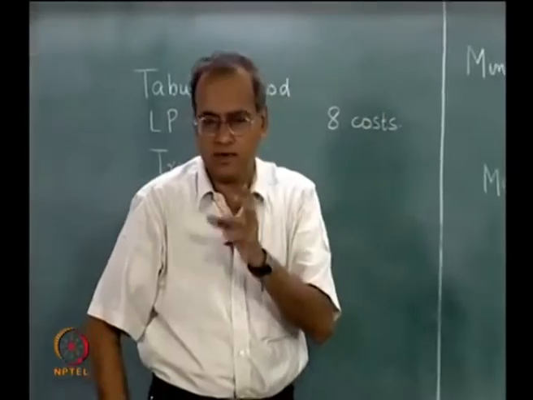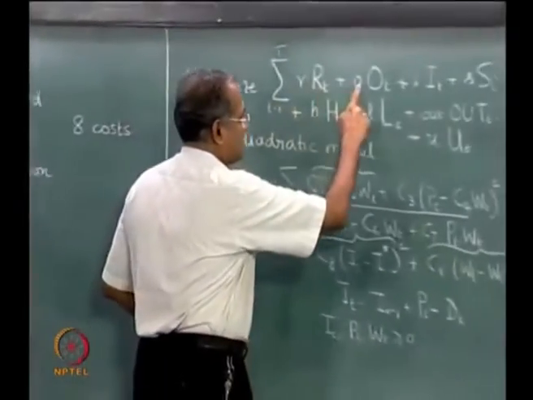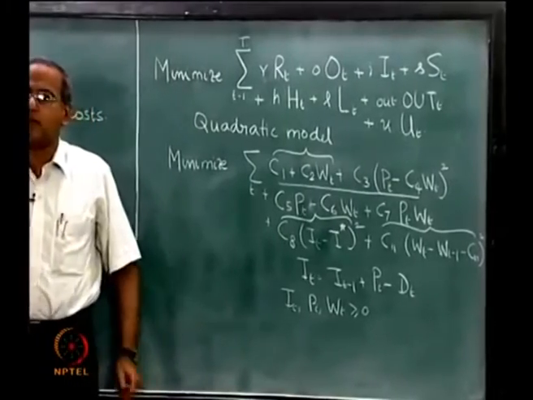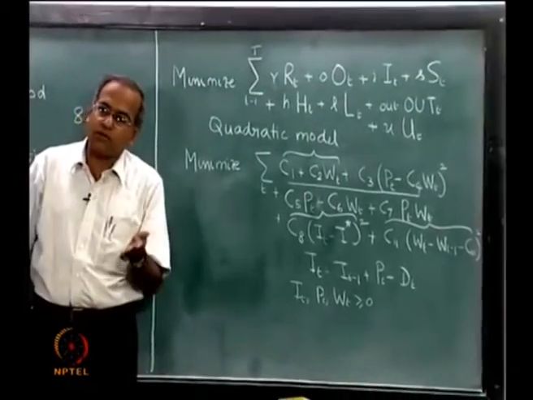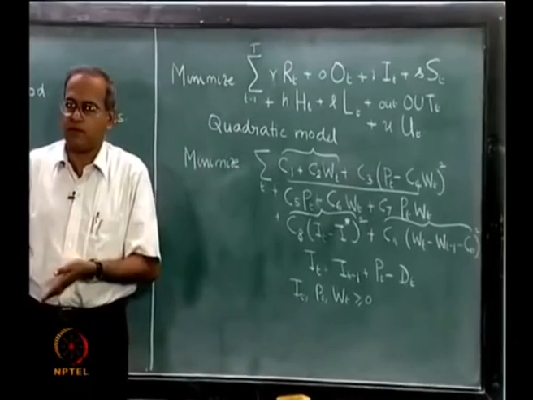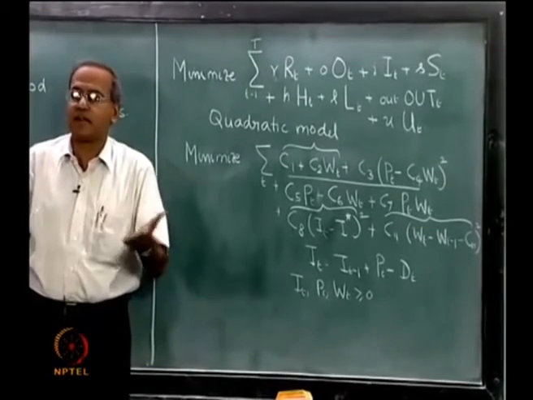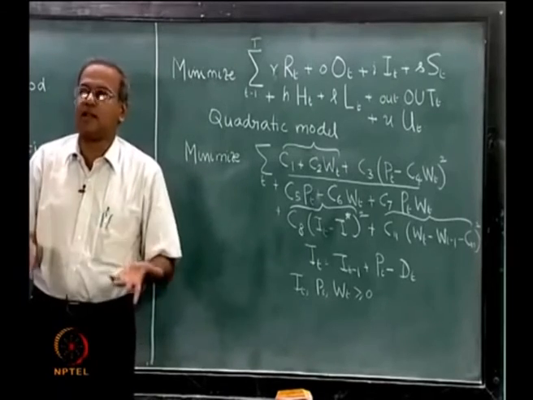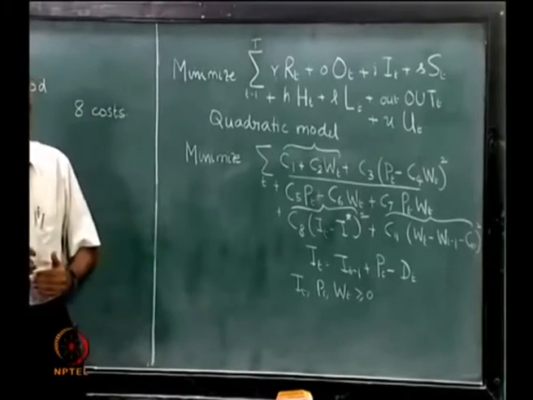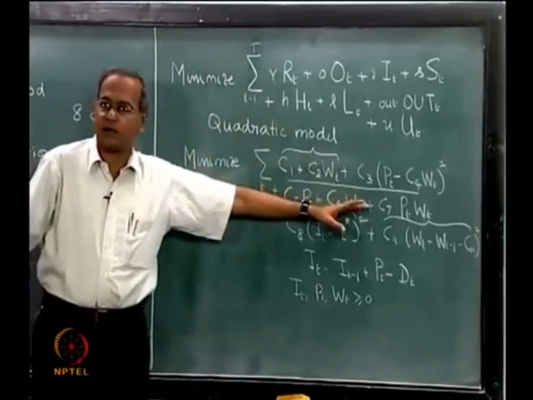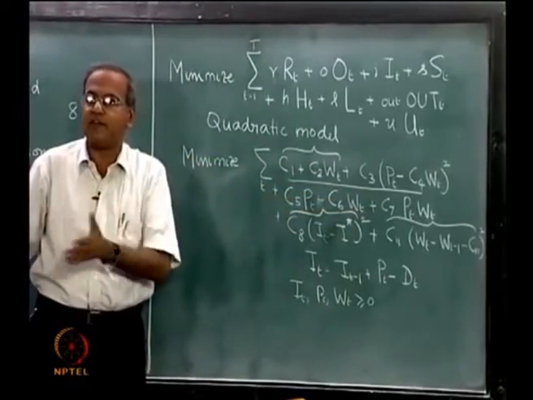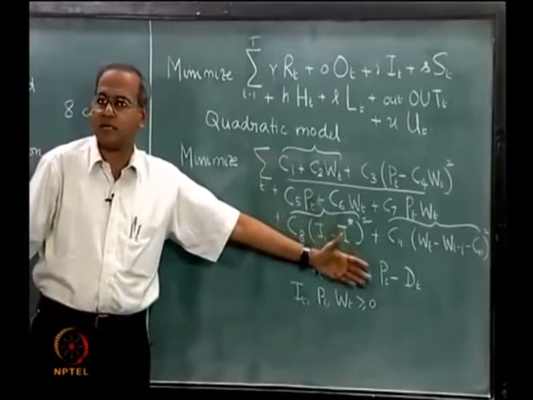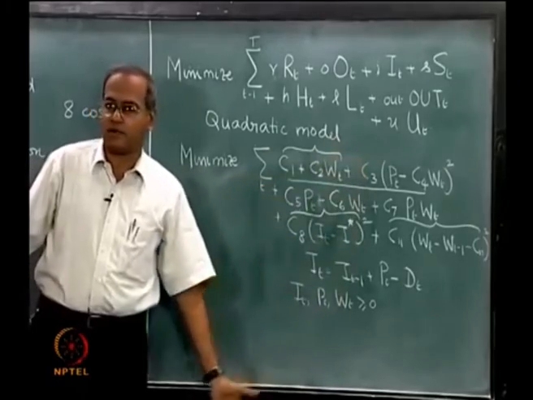It has the difficulty that these coefficients, there can be some kind of an approximation in these coefficients, because of which even though we solve the LP optimally, the solution may not reflect what actually happens, because in reality the costs are not linear. So, if you want to capture that, then we can bring it into a quadratic model with a suitably defined objective function, and then I have explained broadly the methodology to solve a quadratic optimization problem.